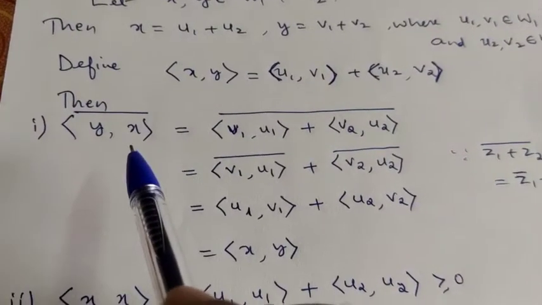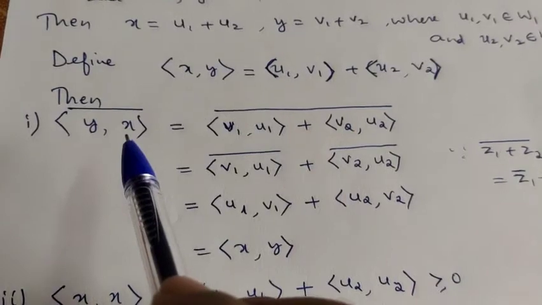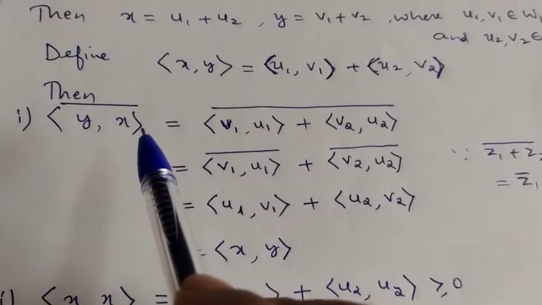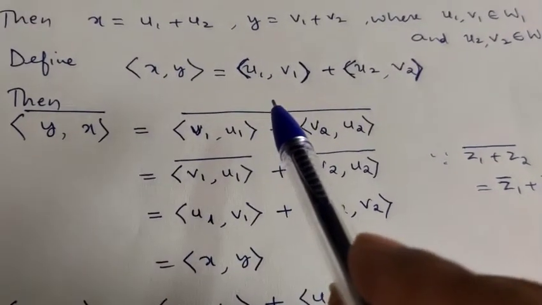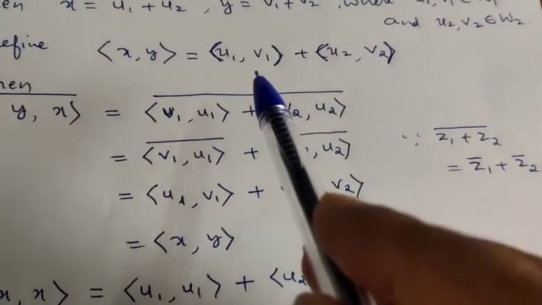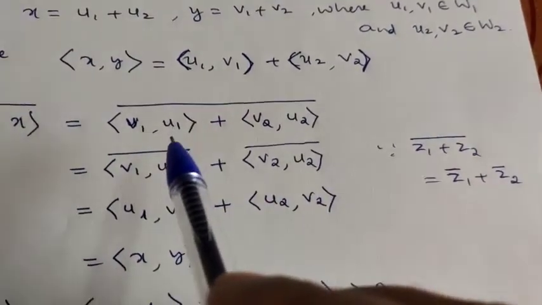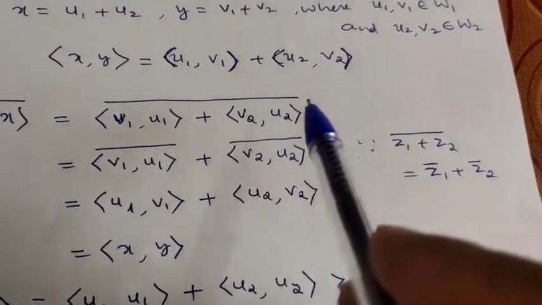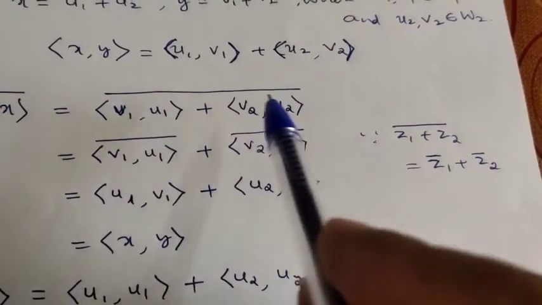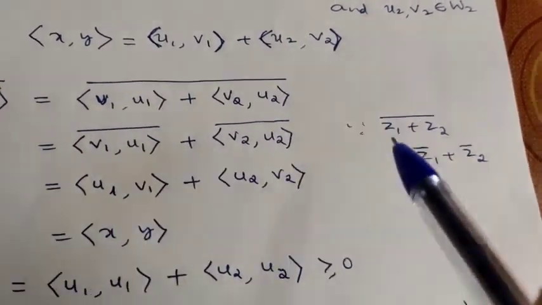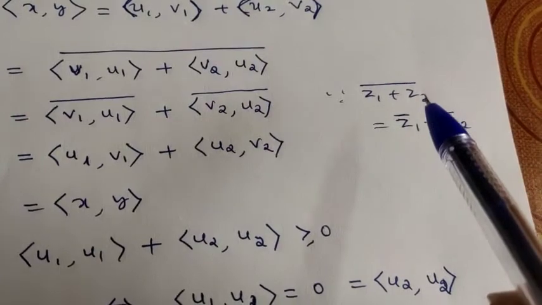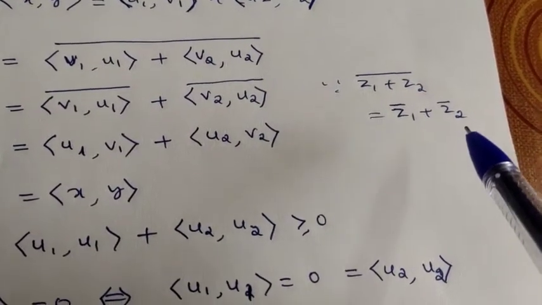So consider the conjugate of the inner product of y, x. The inner product of y, x is, according to this, ⟨v1, u1⟩ plus ⟨v2, u2⟩, whole conjugate. But we know from complex analysis that the conjugate of z1 plus z2 is z1 conjugate plus z2 conjugate.